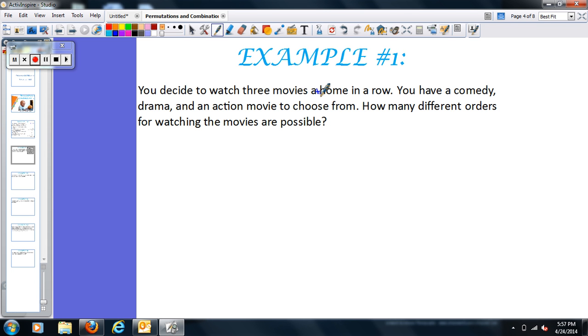Well, when I look at this, I'm not taking a large group and then choosing a smaller group out. I'm dealing with an entire group here. So this is going to be a multiplication counting principle, because I'm taking into consideration all 3 movies.